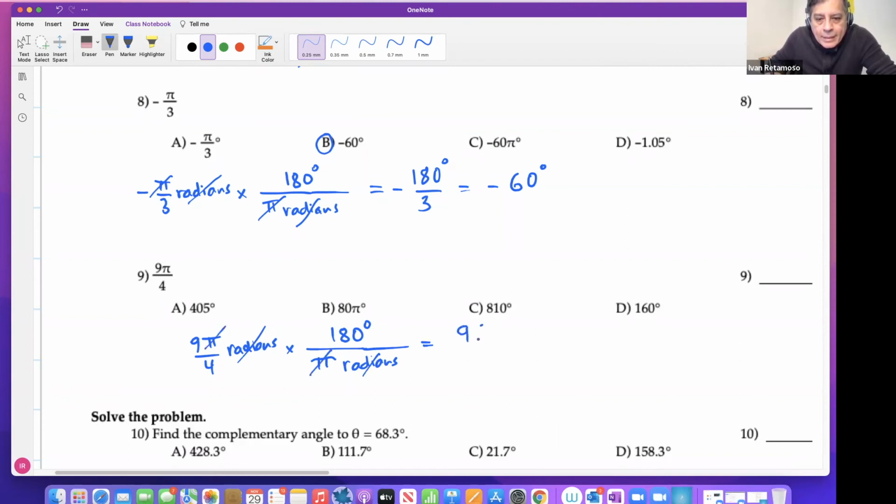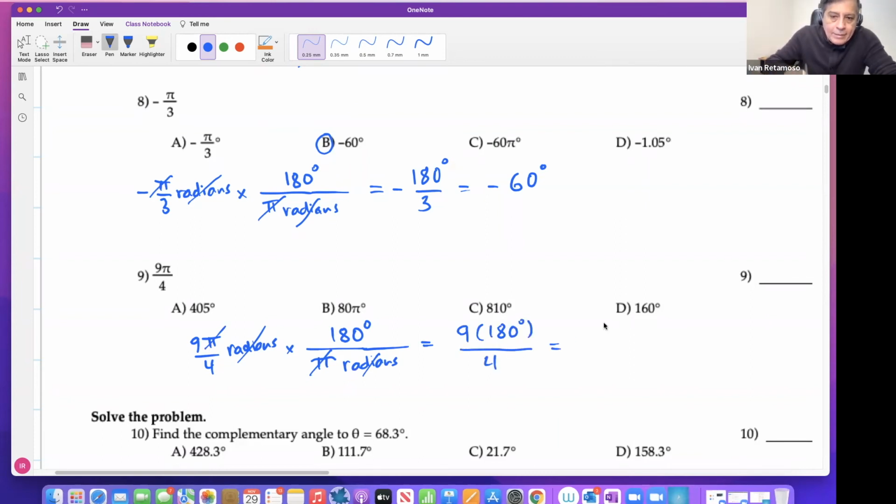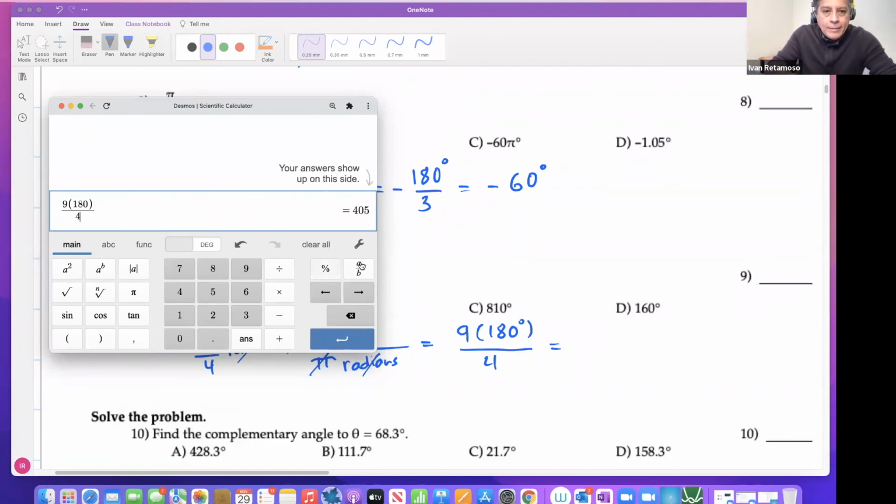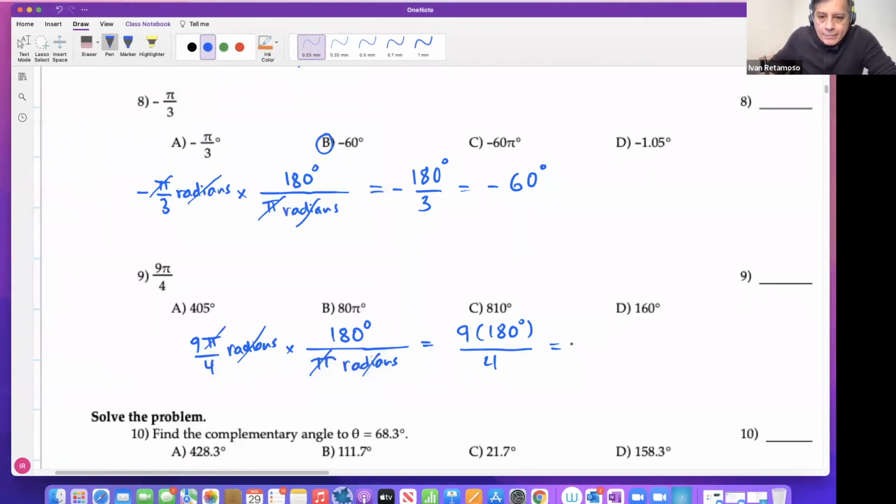What is left? 9 times 180 degrees over 4, right? Well, what is that? Let's put it in our scientific calculator or in our Desmos scientific calculator. I strongly recommend you to use, guys, it is OER material, free. 405, 405 degrees. This guy, number 9.